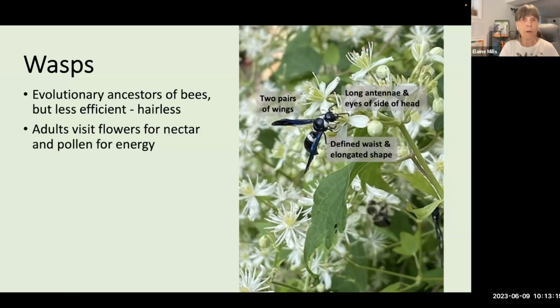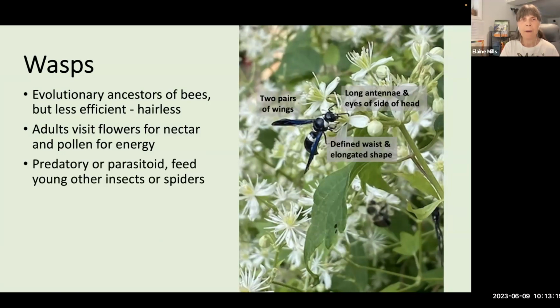Adult wasps will visit flowers for nectar and pollen for energy, but they are predatory or parasitoid in that they will feed their young other insects or spiders. The predatory wasps will bring caterpillars, grasshoppers, and spiders to their young to feed on in the nests. And the parasitoid wasps will actually lay their eggs on other insects. They will be consumed by the young.